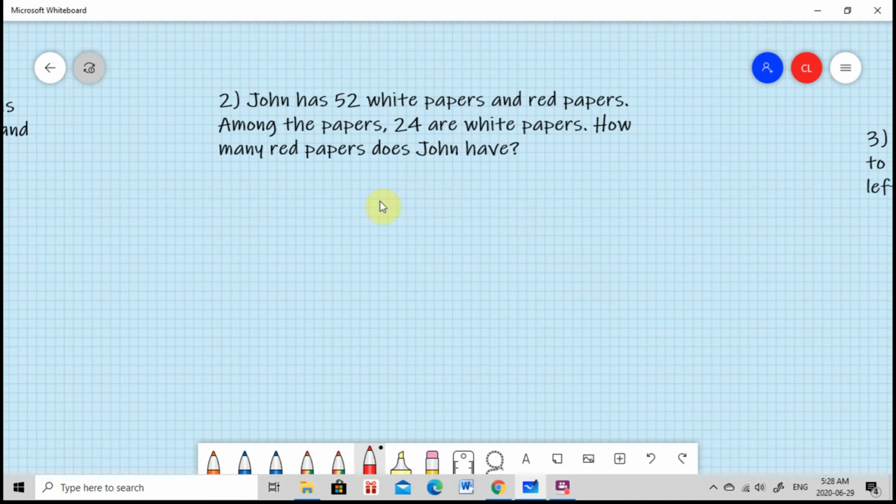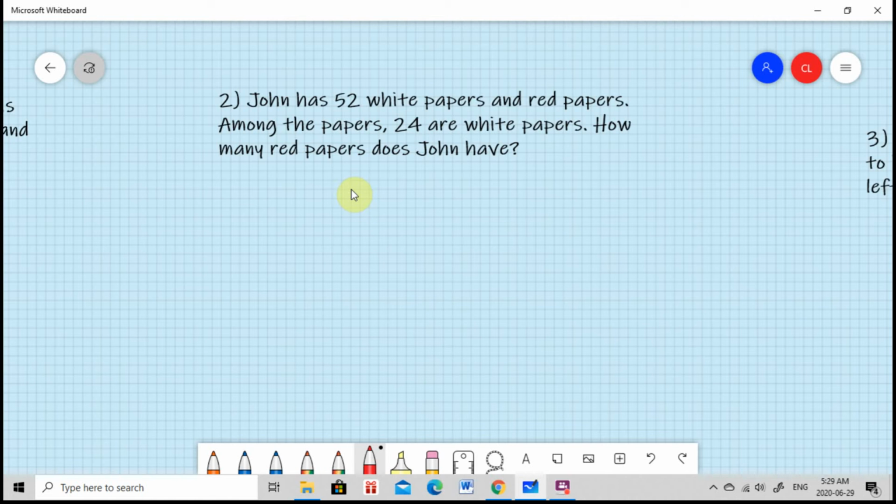So for this question, John has 52 white papers and red papers, right? Among the papers, 24 are white papers. How many red papers does John have, right?